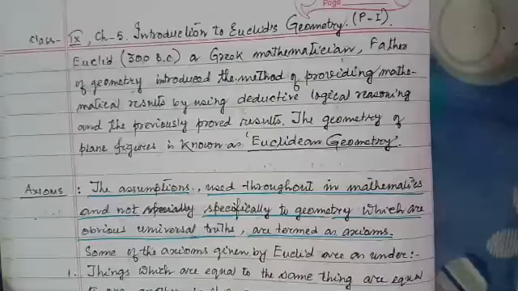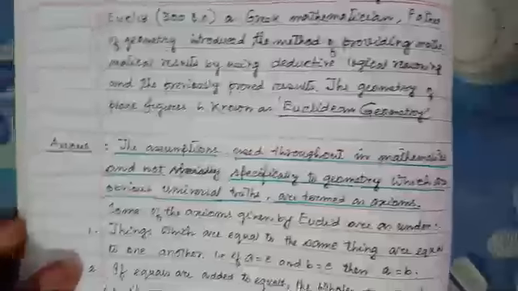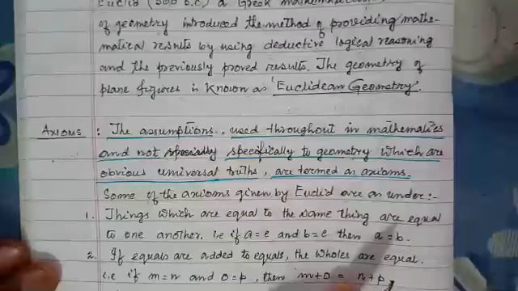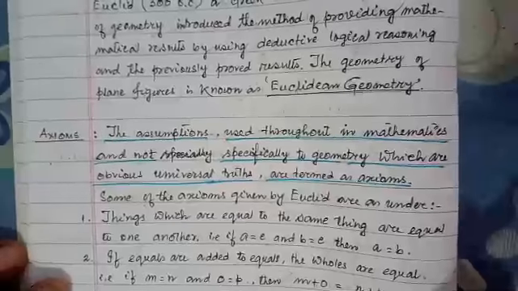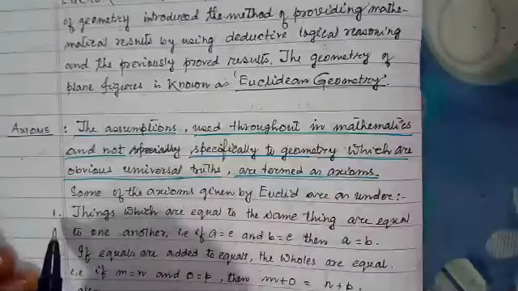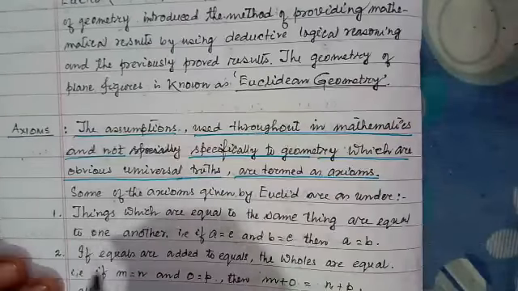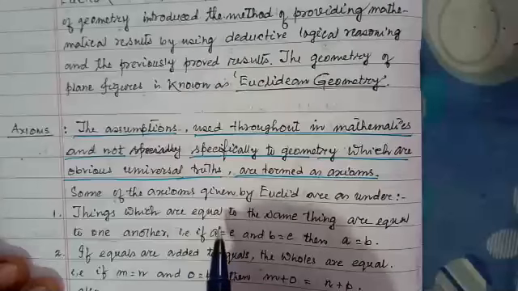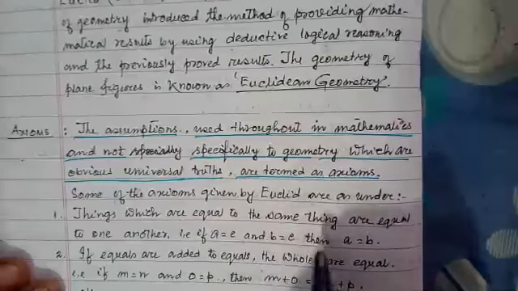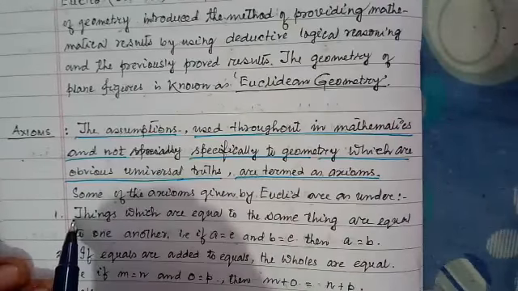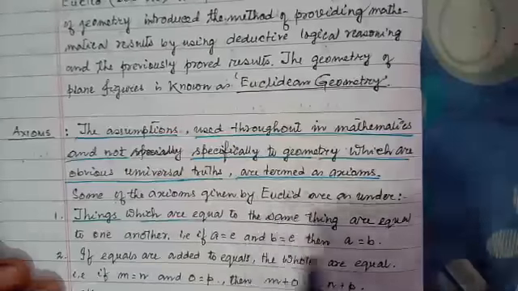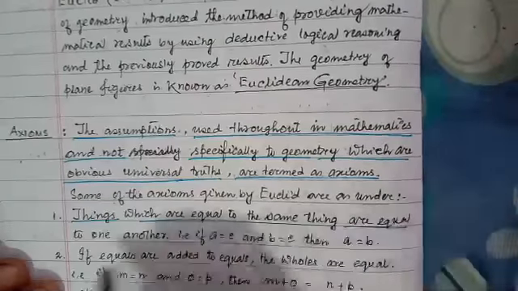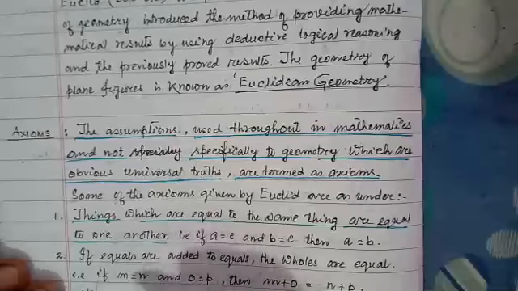Now what is that? Number 1: things which are equal to the same thing are equal to one another.